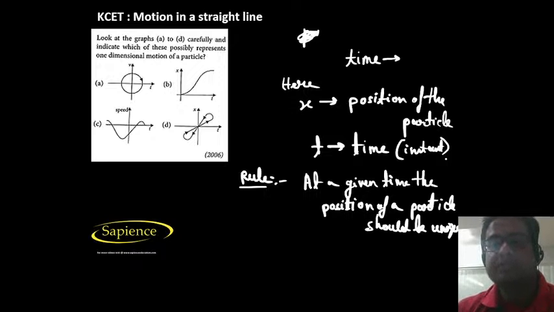It means that at any instant it can't have two or more positions. And t cannot be negative.